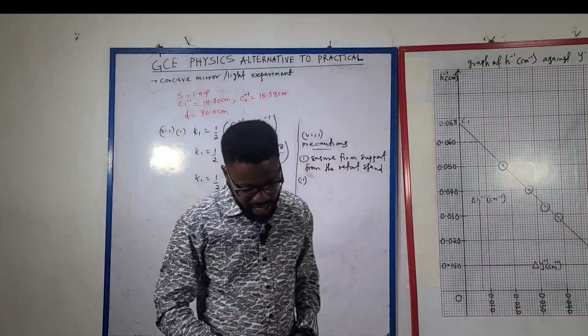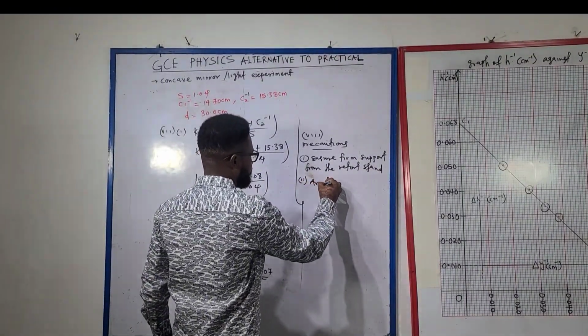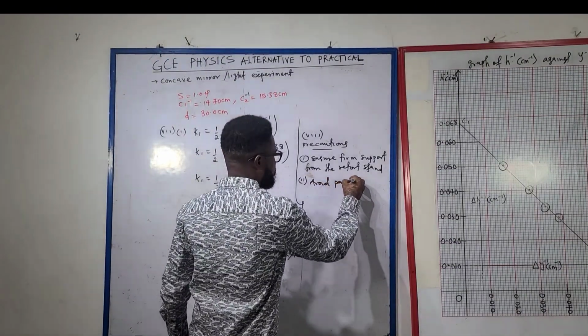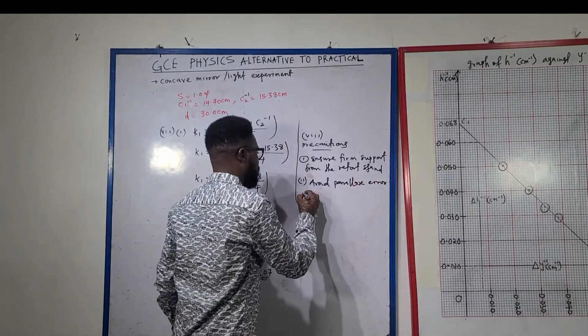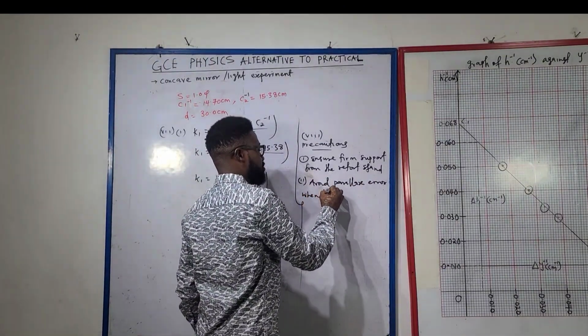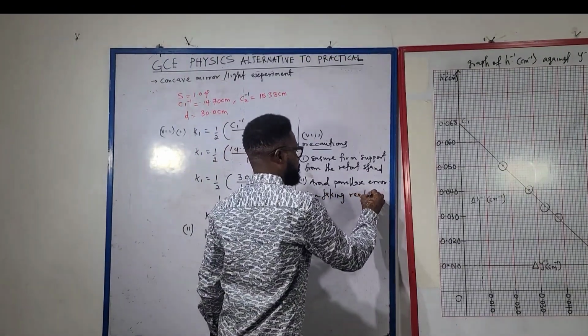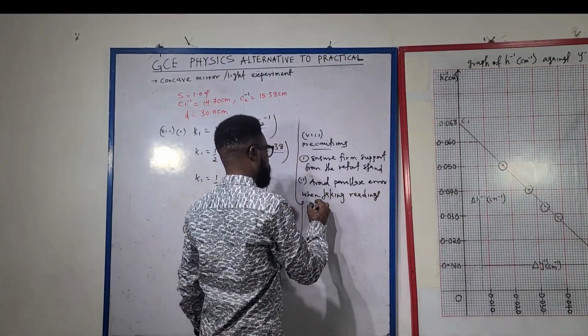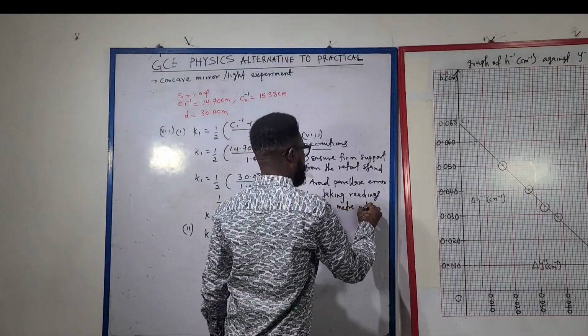So we say avoid parallax error when taking readings on the meter rule.